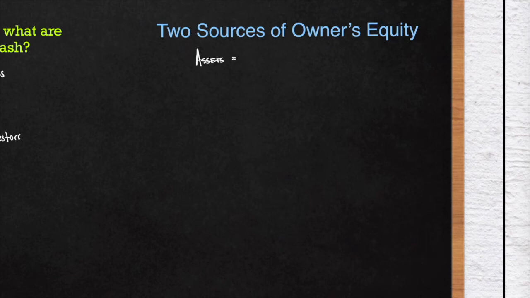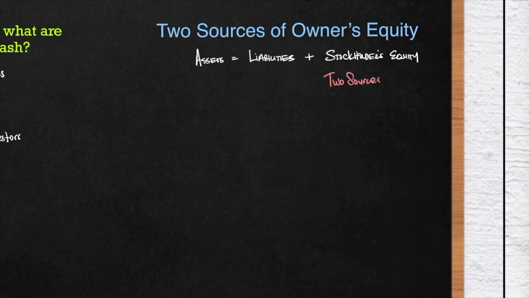Before we go into that, let me remind you of the accounting equation, the condensed version. It's your assets equals liabilities plus stockholders' equity. And as you saw up top, stockholders' equity can be broken out into 4 different components. But when you're looking at the balance sheet, which is the accounting equation, the stockholders' equity section has 2 sources or 2 sections.